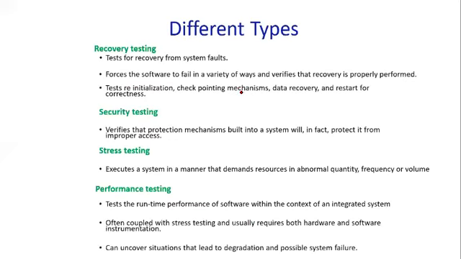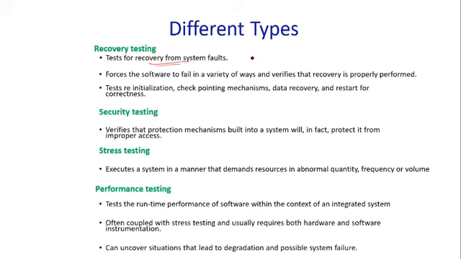The next is system testing. Now, within system testing, there are again different types of testing. You've got recovery testing, security testing, stress testing, and performance testing. Now, recovery testing is where you test for recovery from system faults. When you've designed a system, you might intentionally pull the plug of the system and see how the files are saved, whether they're auto saved or whether all the data that you were working on is lost.